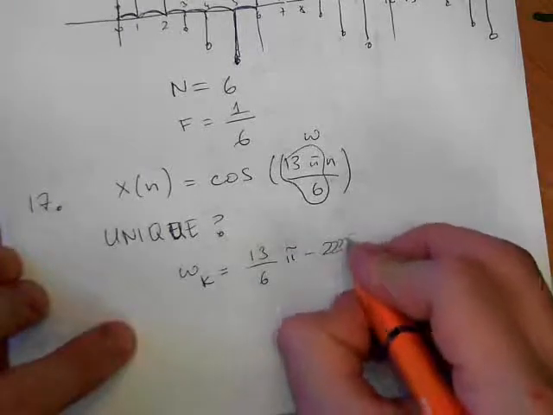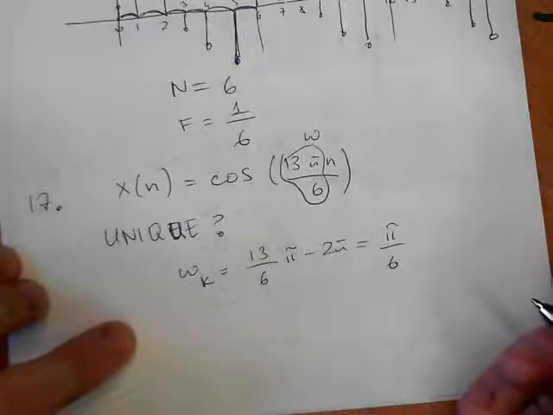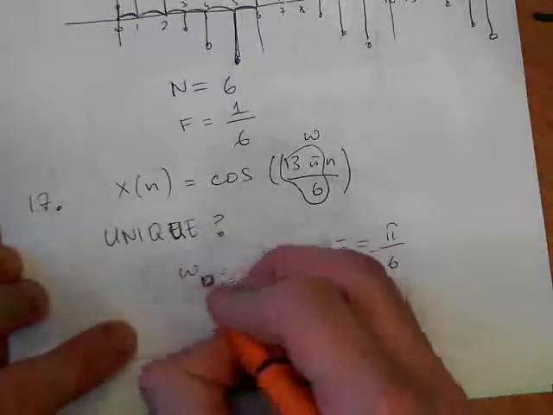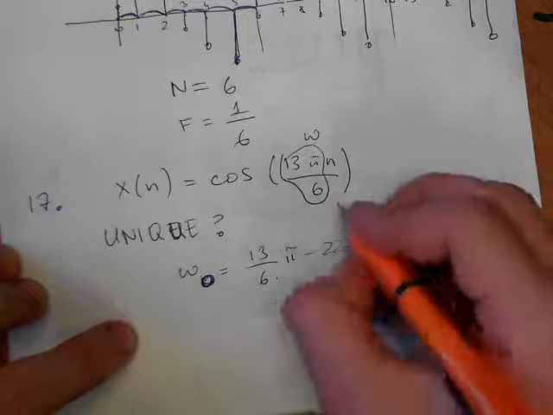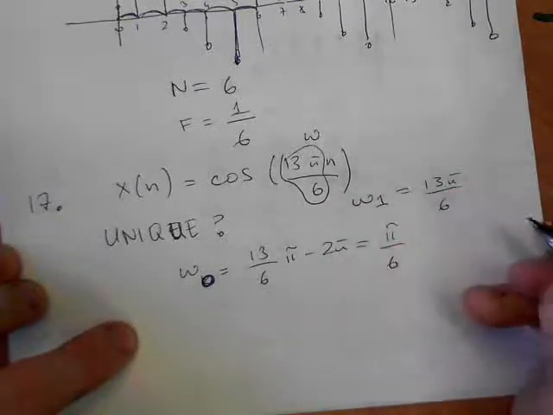So subtracting 2 pi k, we get 13 pi divided by 6 minus 2 pi, which is pi divided by 6. And we know that this is now omega 0 because we subtracted.